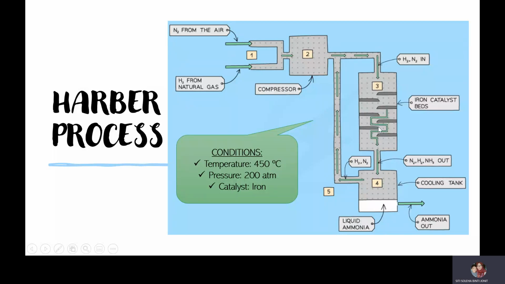The unreacted hydrogen and nitrogen and the ammonia product pass into a cooling tank, and the ammonia is liquefied and removed to a pressurized storage vessel here. Okay, so nitrogen and hydrogen gas will react and produce ammonia.